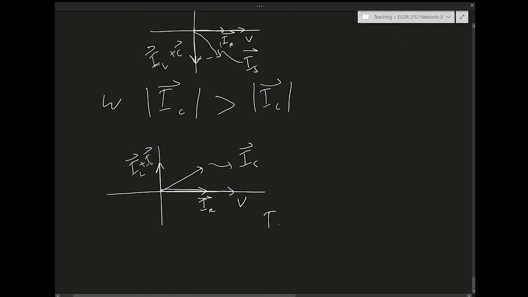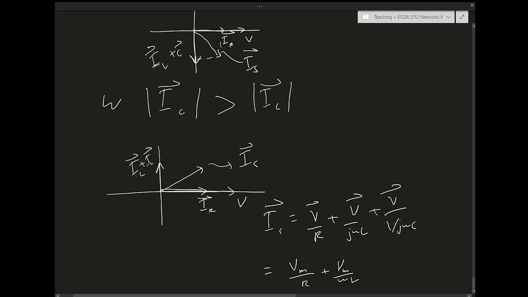Okay, and we can write IS equals V over R plus V over j omega L plus V over 1 over j omega C, which equals Vm over R plus Vm over omega L, and this 1 over j becomes an angle of minus 90 degrees, plus Vm omega C, angle of 90 degrees.